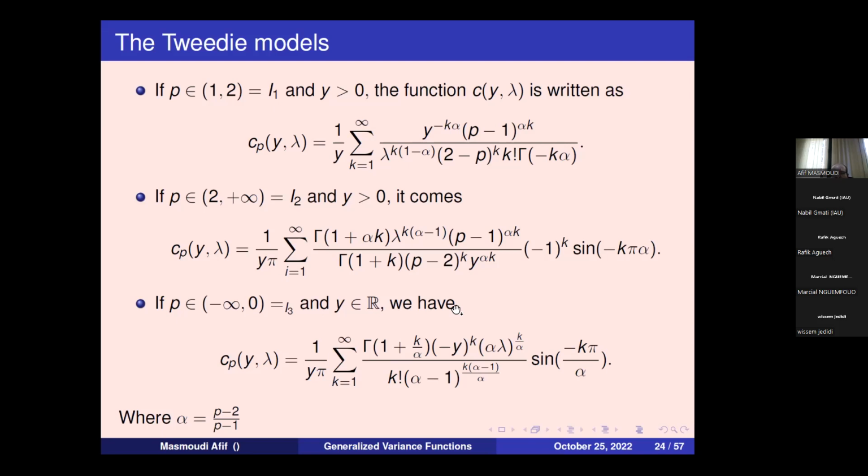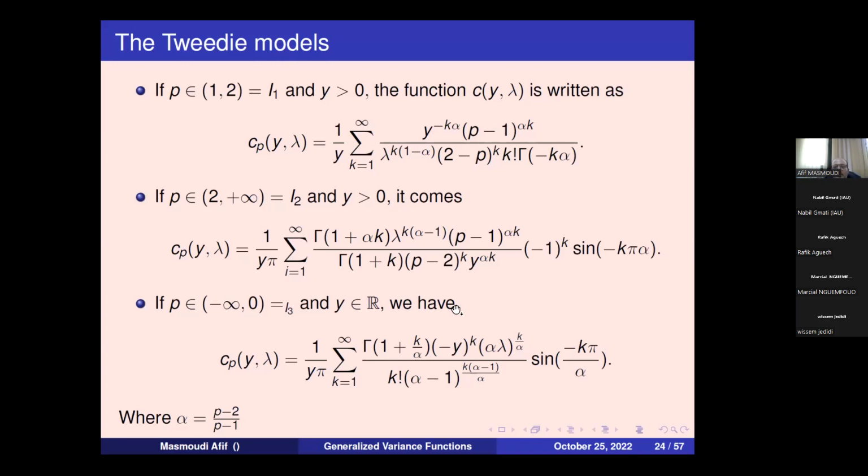Maybe there is a mistake, just check this. It exists in Feller, where we change minus y by absolute value. I don't know exactly. Maybe there is a mistake.